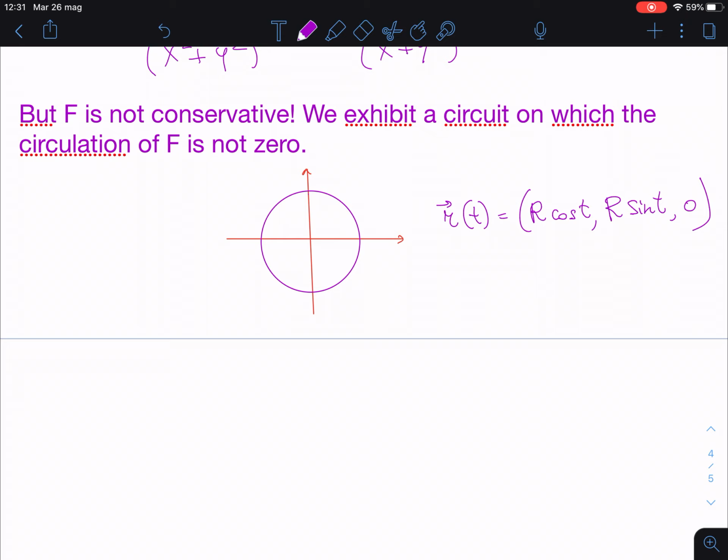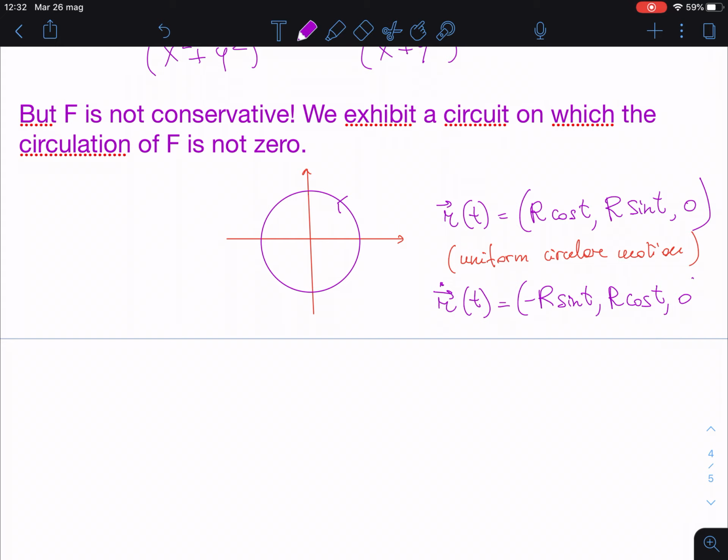So this is a circle which is run through with a uniform velocity. This is the uniform circular motion with angular velocity 1, if you are interested in this. And r dot is equal to minus R sine of t, R cosine of t, 0.